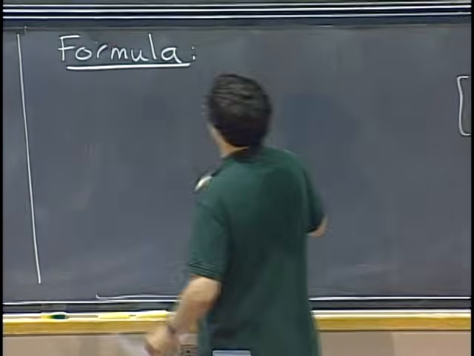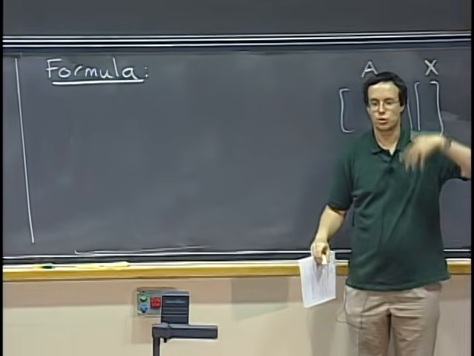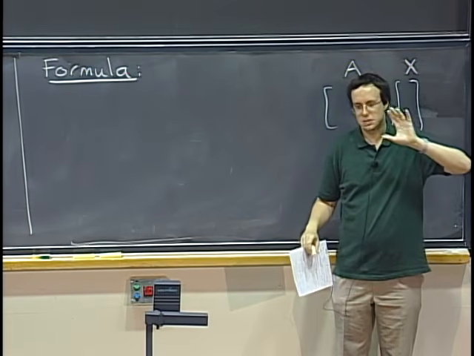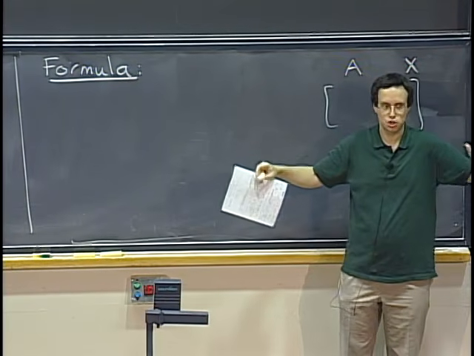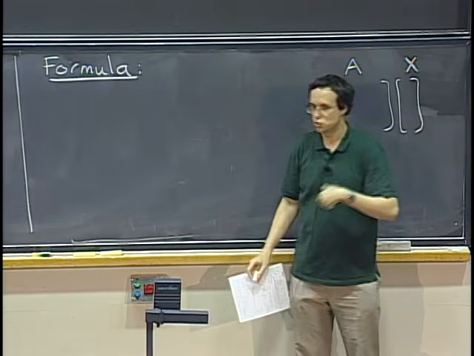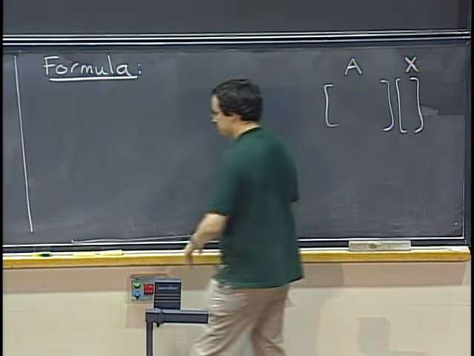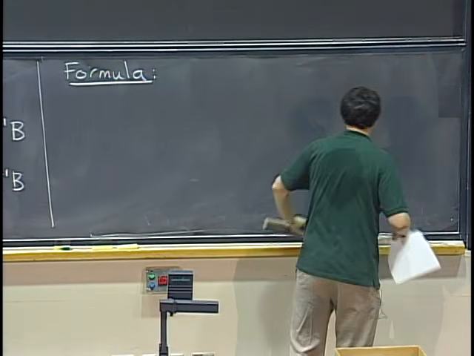I should say this formula is actually good for small matrices, 3 by 3, 4 by 4. It's not good at all if you have a matrix of size 1,000 by 1,000. In computer software, for small matrices they do this. For larger matrices, they use other algorithms.